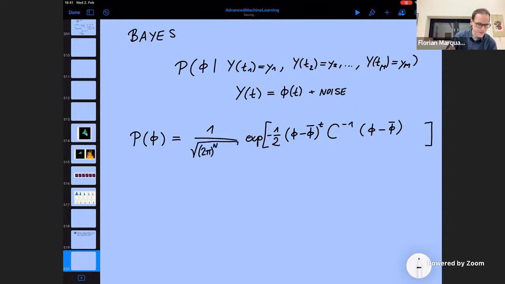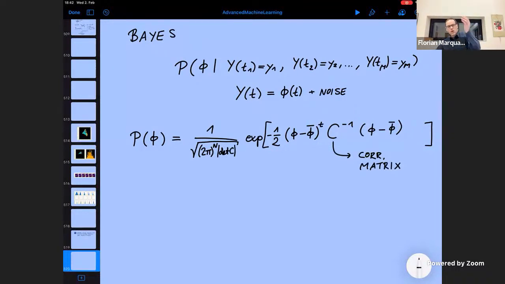The normalization factor is quite interesting. It in particular contains the determinant of this correlation matrix. So that's the correlation matrix, C. And I imagine if there were already some measurements that have taken place previously, maybe P of phi is already a posterior distribution.